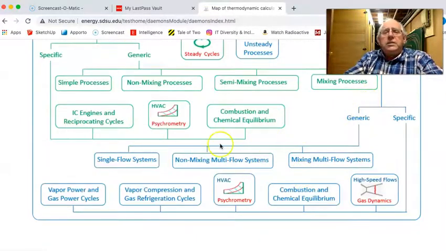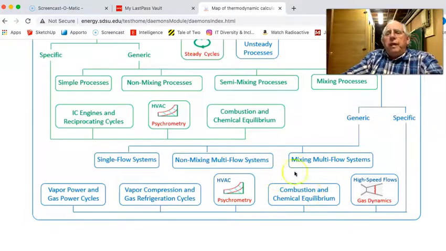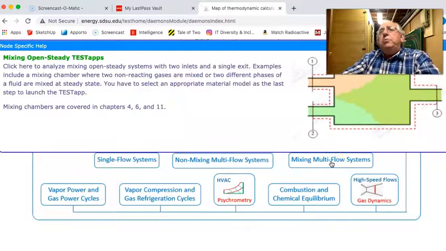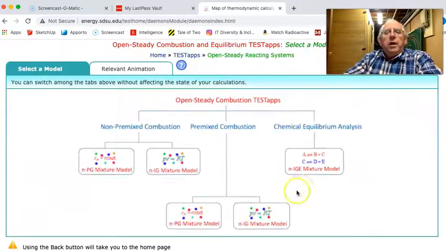it's a flowing system, so we're in the blue region, and it's a combustion flowing system. And so again, if we had wanted to, we could have solved this problem using the multi-flow mixing like we did previously. But we're going to go ahead and use the combustion.